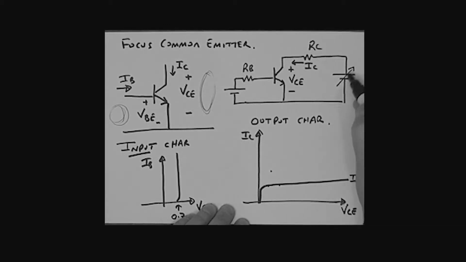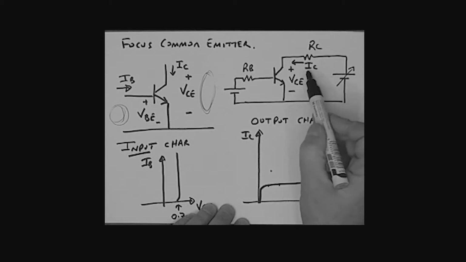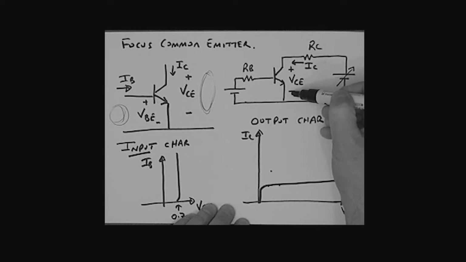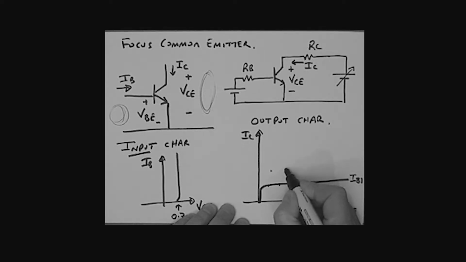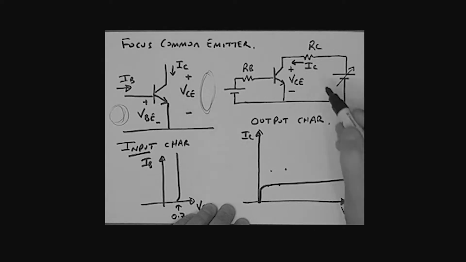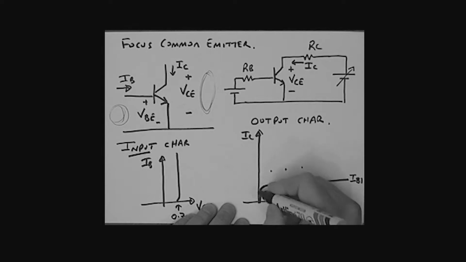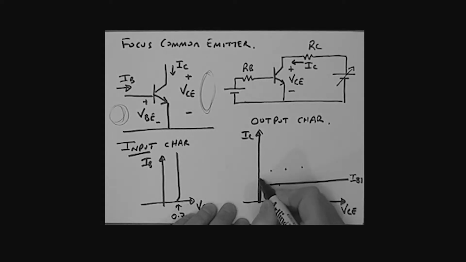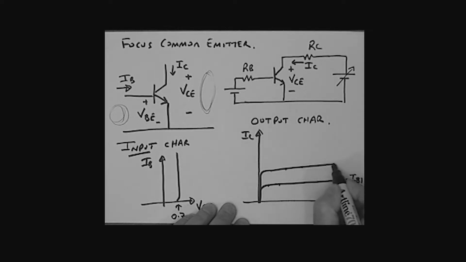Then I increase this VCE, I increase this voltage here, I measure IC, I measure VCE, and I plot that point on the graph like so. And then once again, increase this further, measure the IC, measure the VCE, and plot. What I'll find is I get another characteristic curve looking like this.